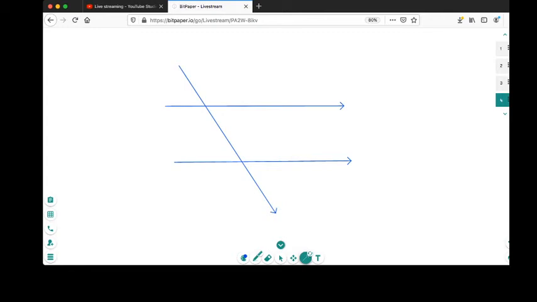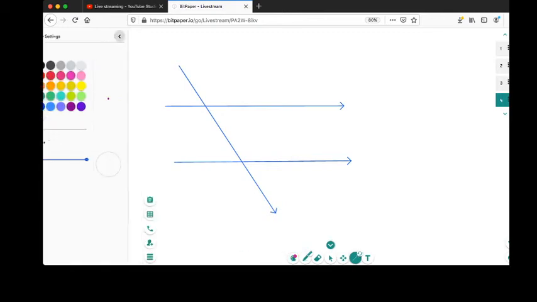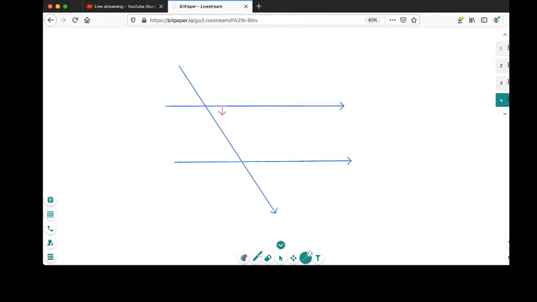Now, basically, what this rule tells us is that this angle and this angle, we'll call them A and B, together equal 180 degrees. Which is pretty handy because it's going to help us solve a lot of questions in this unit. So this is called the alternate interior angles rule.